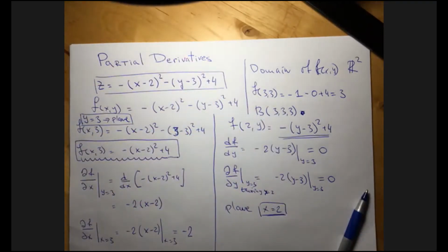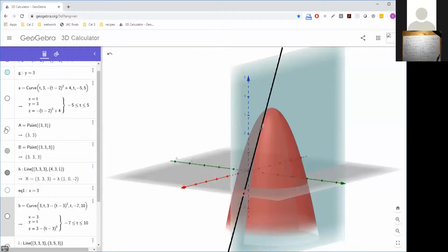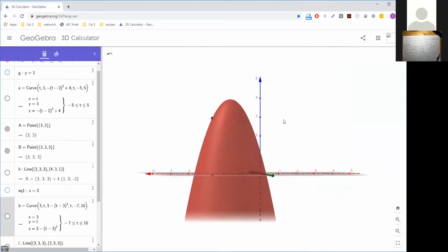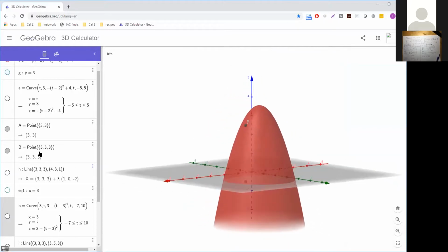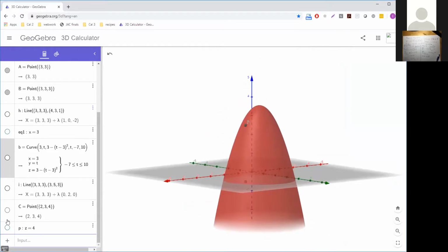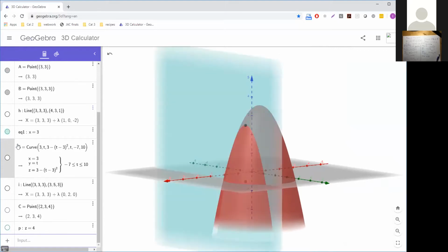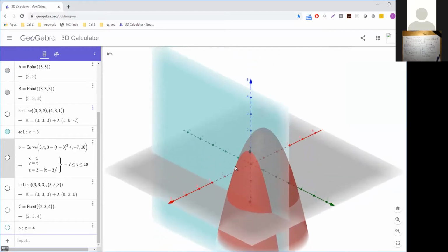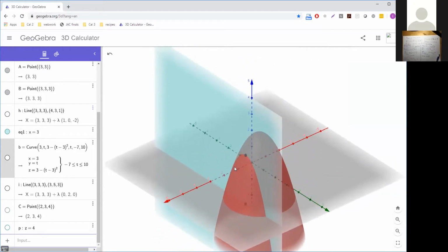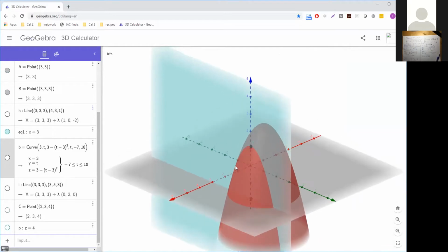So let's go over all of this through the graph. So I'm going to take this out, okay? So this is the surface, okay? I'm taking y is equal to 3.